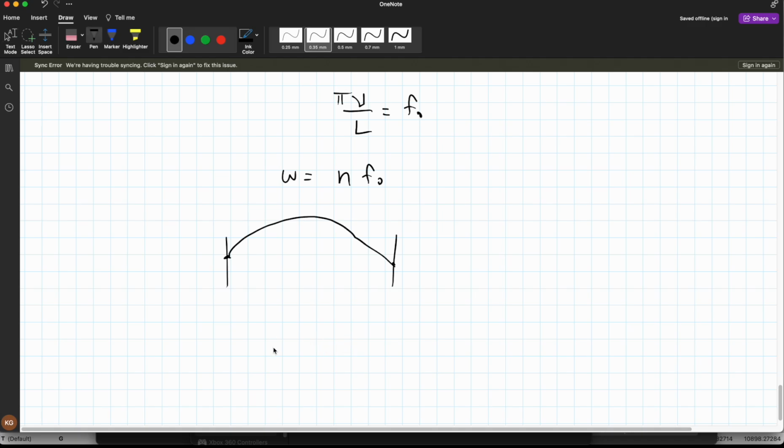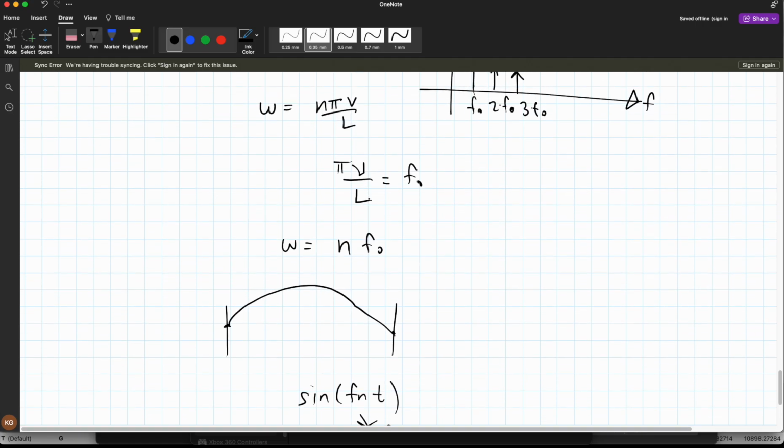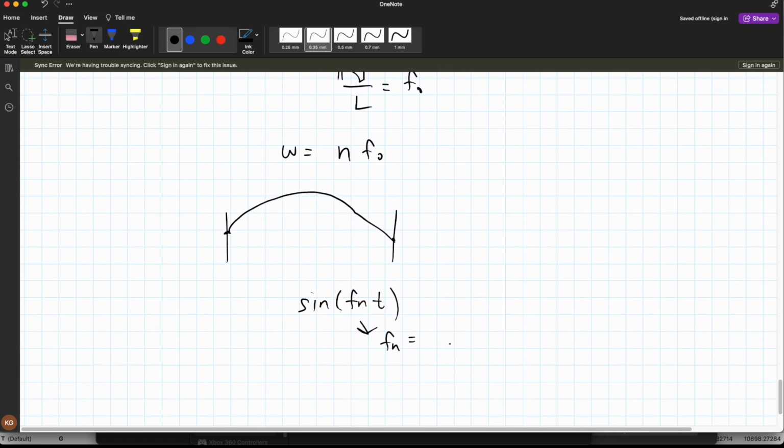When the length of the string is fixed, the solution of this model is a bunch of sine waves, sine of 2 pi fn times t, where fn is equal to, we had it over here, n pi times the speed over length.